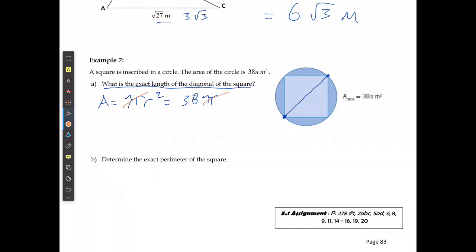And if r squared is equal to 38, then r is equal to the square root of 38. If diameter is double what r is, the diameter is equal to 2 and the square root of 38.